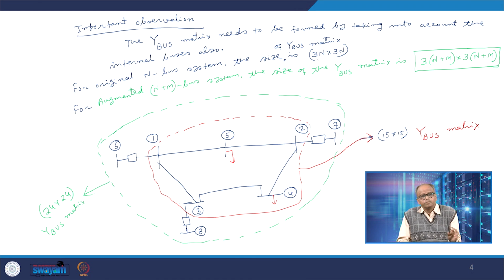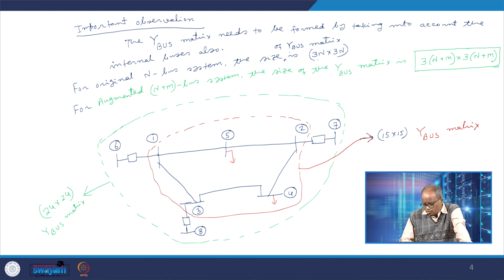So at bus 1 there is no generator connected. Now if there had been any load connected at buses 1, 2, 3 earlier, the injected power would have been the negative of these load powers. But here let us assume that at buses 1, 2, 3 there is no load connected, so the injected power at these 3 buses is all 0.